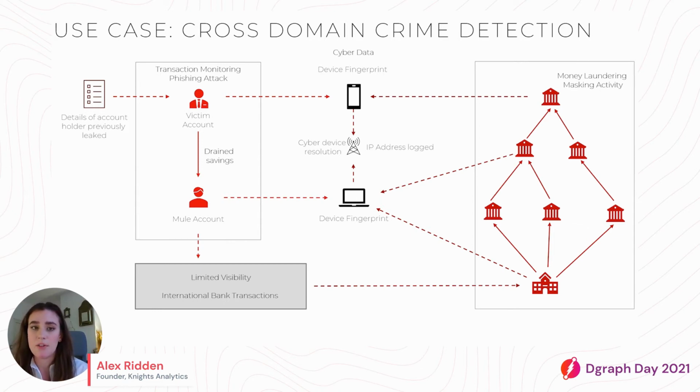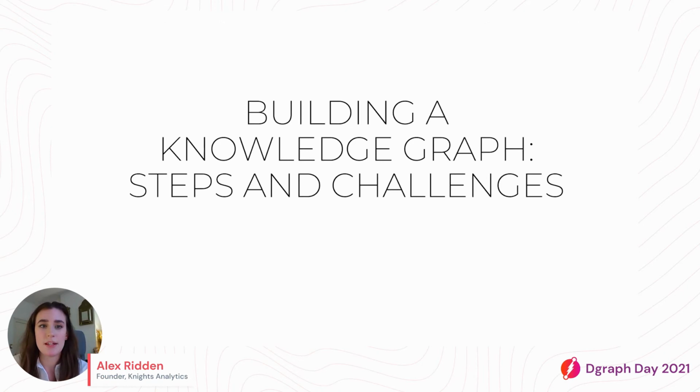But you can imagine that if you have a high risk transaction that comes from a device that is then used by a company that seems to be part of an investigation into anti-money laundering work, then of course it helps build your case and understanding around that investigation.